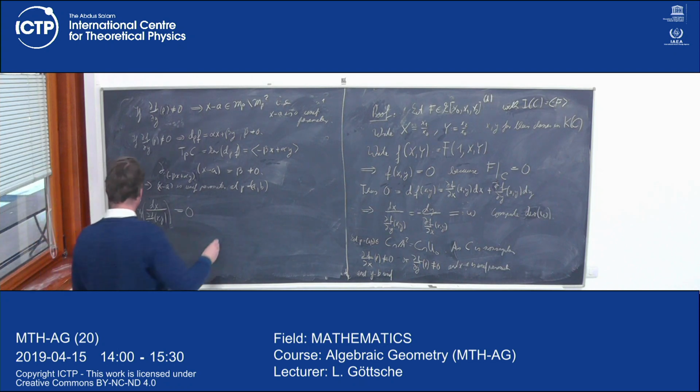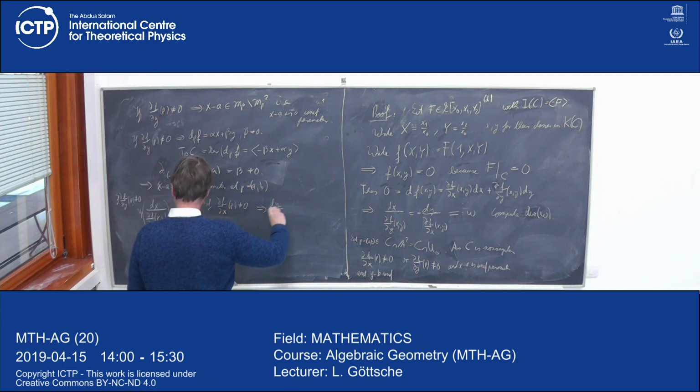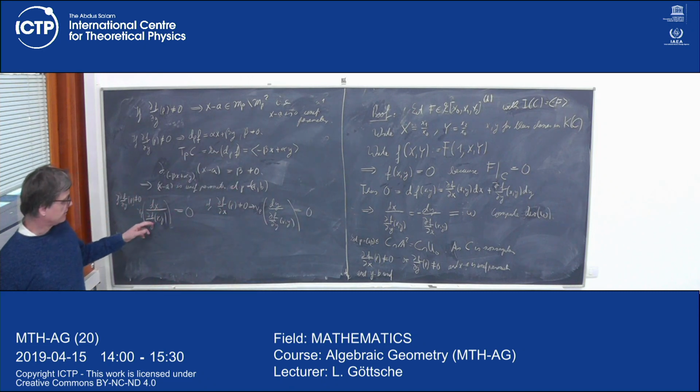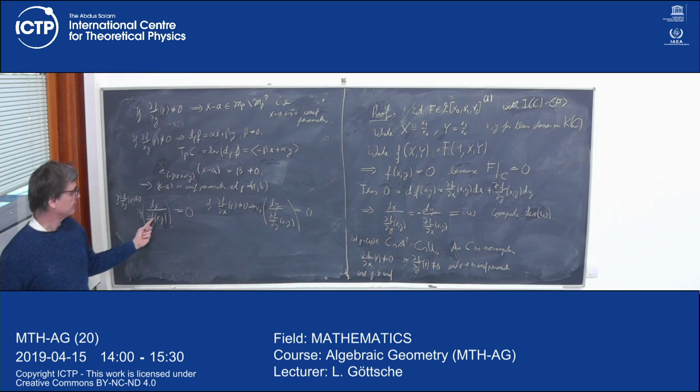And in the same way, if df by dx of p is different from 0, then dy divided by df by dx has mu p equal to 0. Note that here I've just said that this doesn't vanish; this thing itself cannot have a pole there because f itself is a regular function.